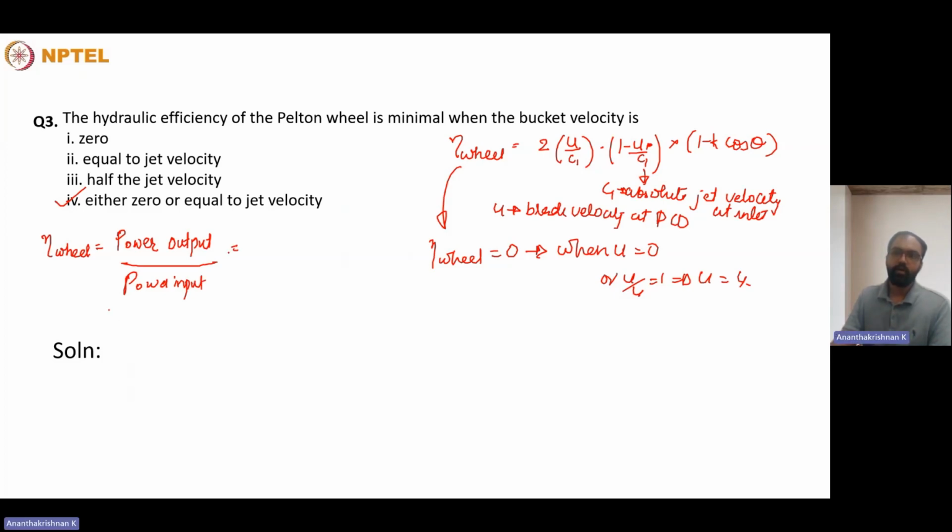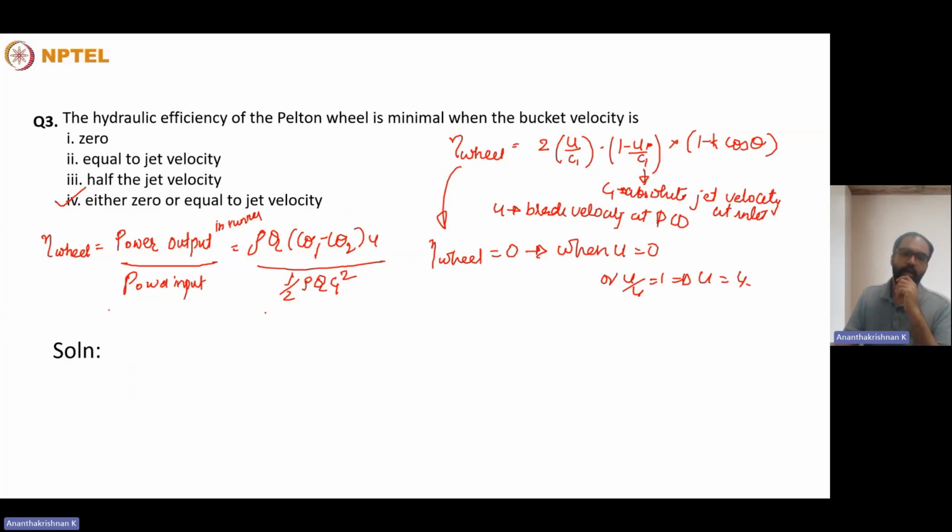The power output in the runner could be represented as rho Q into, from the normal Euler head analysis, the change in the tangential velocity multiplied by the blade velocity. Blade velocity will remain the same at the inlet and exit in the case of a Pelton turbine, so the blade velocity will be equal to the average velocity at the pitch circle diameter. And the power input will be the kinetic energy of the fluid, which is coming out of the nozzle and impinging on the runner.